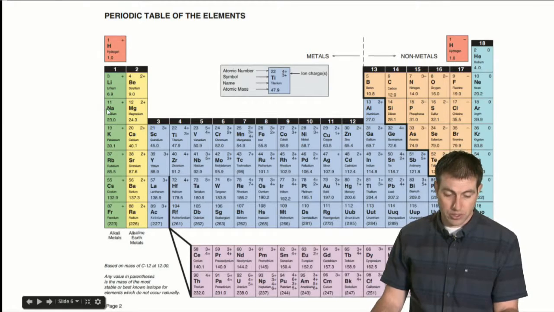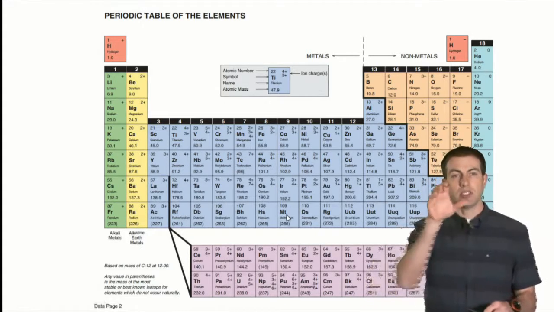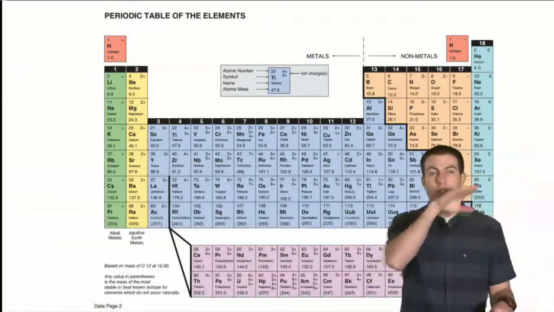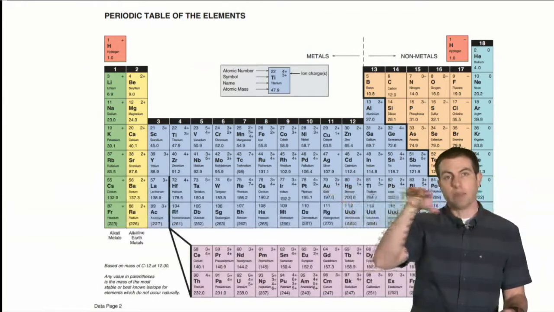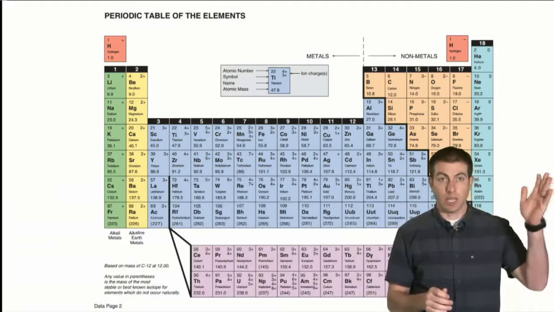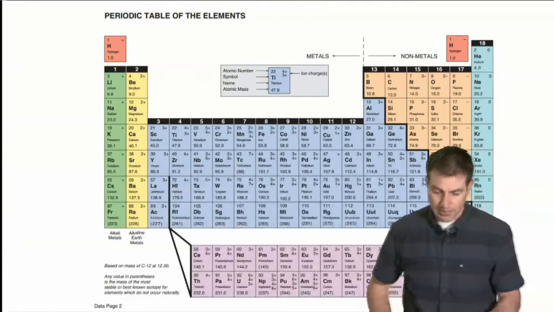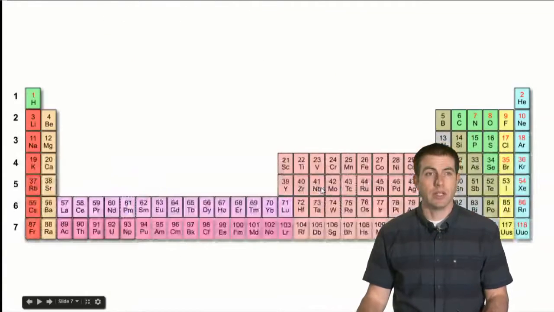Then the third period, sodium, magnesium, all the way across to argon, and then the fourth, and then the fifth, and the sixth, and the seventh. So even though there's that gap in the middle, we still jump across the gap. When we talk about periods, we'll start at the left, jump across the gap, and then go to the right. And that's how we talk about those periods.